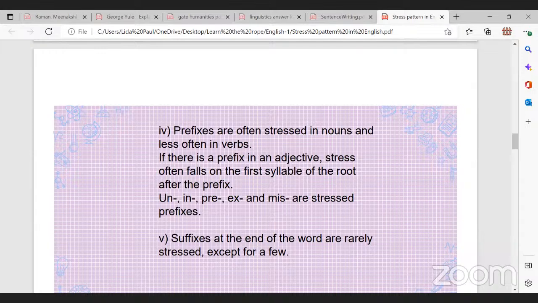Where is the stress in this? Where do you think it will be, based on what you have just read? Stress often falls on the first syllable of the root after the prefix. So will you see it on the prefix? No. Again, the stress is not on that. It says it falls on the first syllable of the root after the prefix.